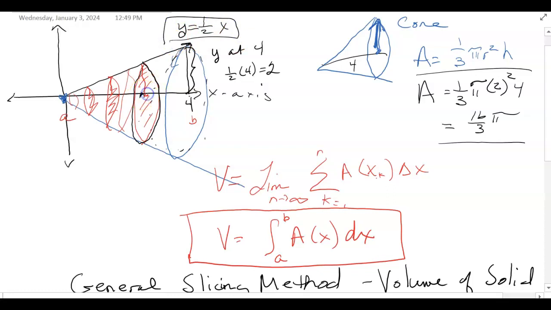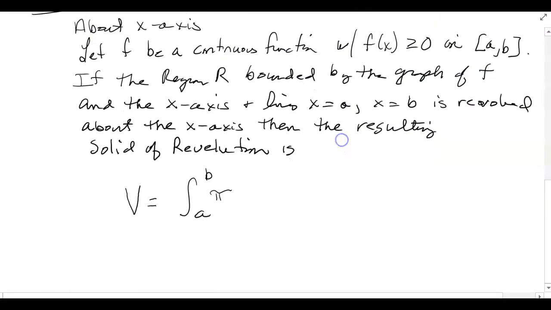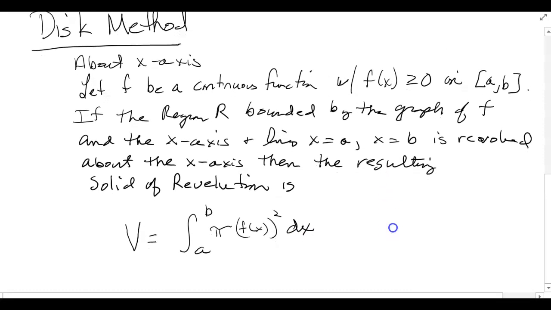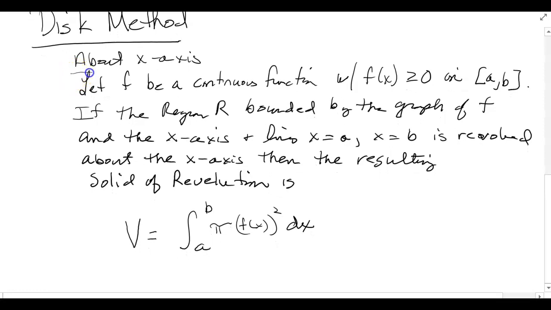So whatever x is, we use our function to get r, to get our f of x. So r, which is squared, now f of x is squared dx. And that is the formula for the disk method when you revolve a function about the x-axis.